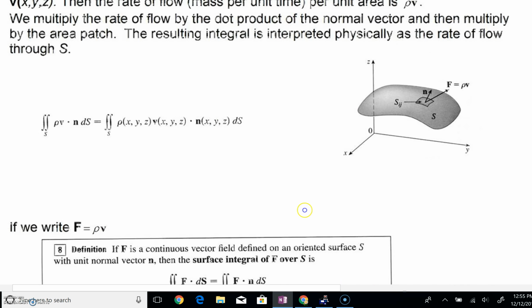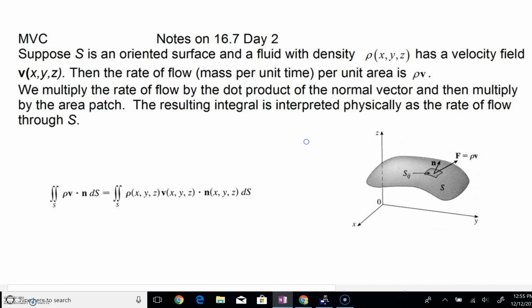And what you're going to see is you have a velocity field. This is a vector field. And the rate of flow then, which would be mass per unit time per unit area, would be rho times v. So we have this vector function.